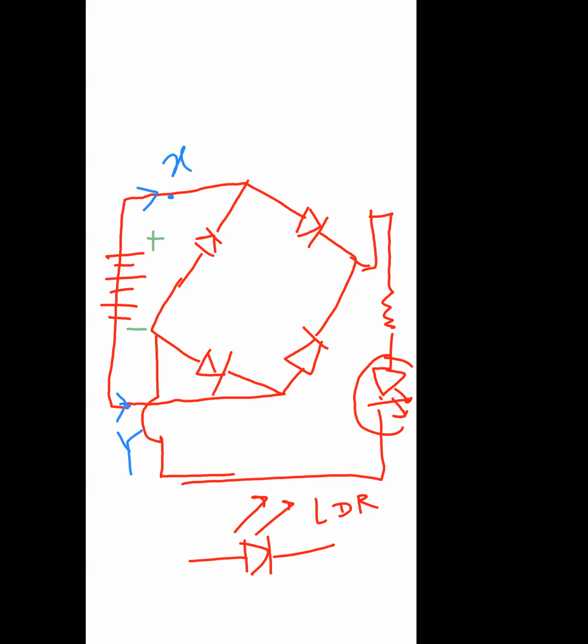Current passes through this circuit. After that it can go like that, then it comes here, then here, and after that it goes here. You can see the diagram here.